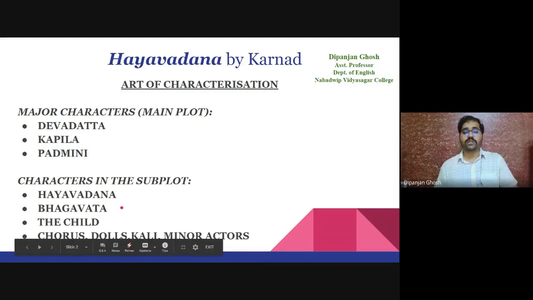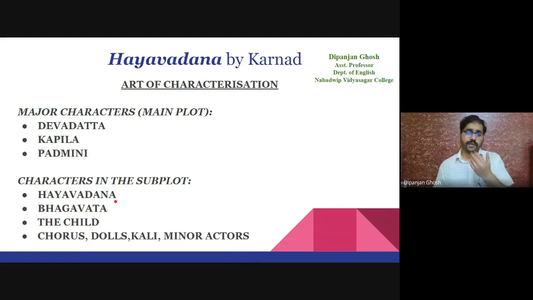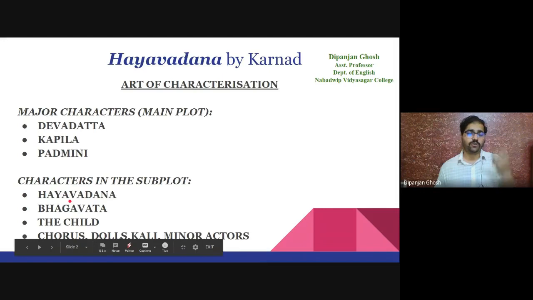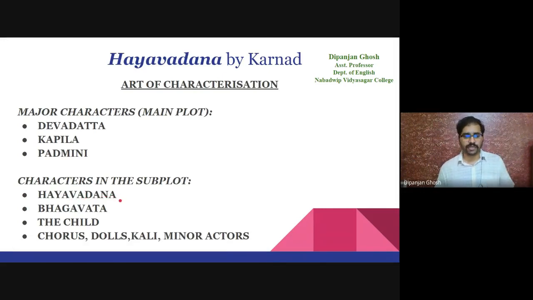There is also a character whose name is Hayavadana, and as I mentioned in the previous lecture, this name has been taken from a character whose head is of a horse, and the character is a human being in general.